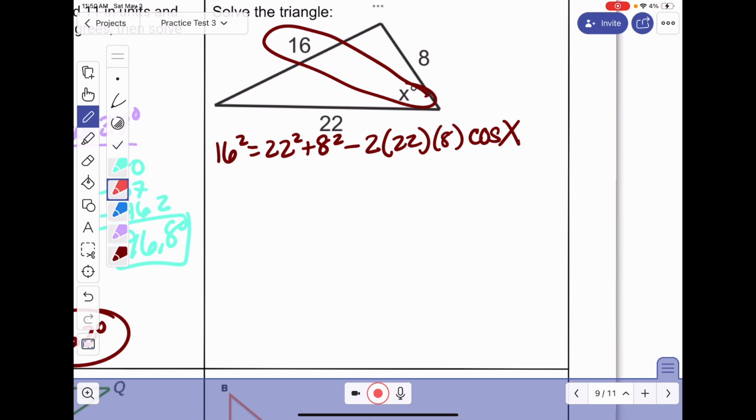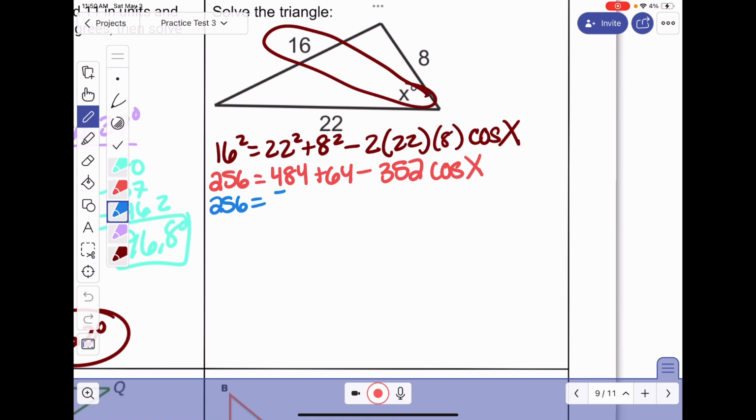So first, I'm going to get rid of all the squareds and all the parentheses. So 16 squared is 256. 22 squared is 484. 8 squared is 64. And 2 times 22 times 8 is 352. Now I'm going to combine like terms. So 484 plus 64 is 548.